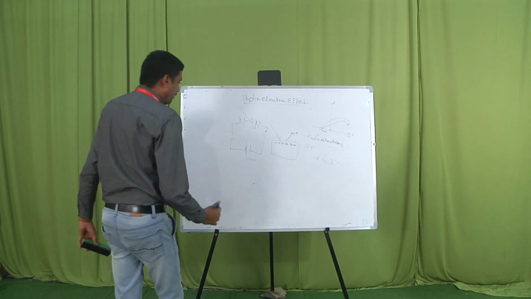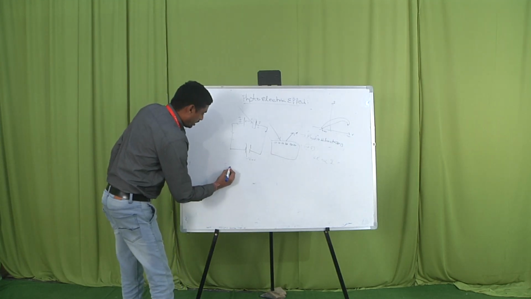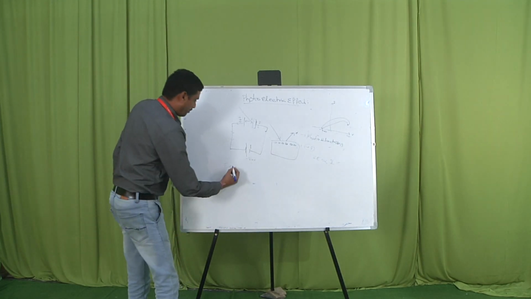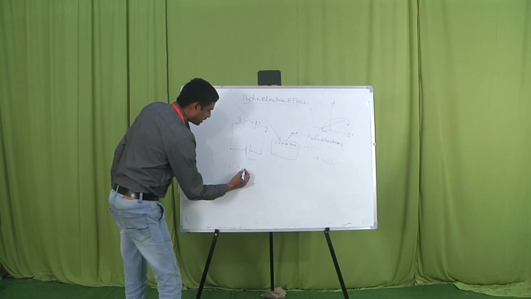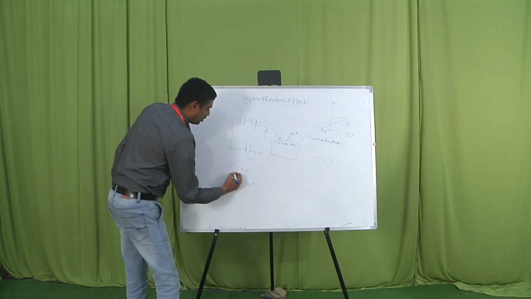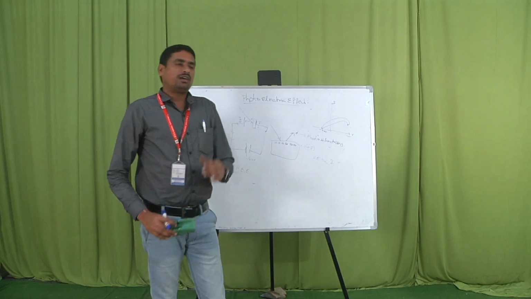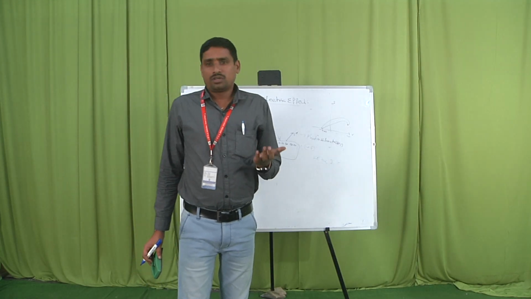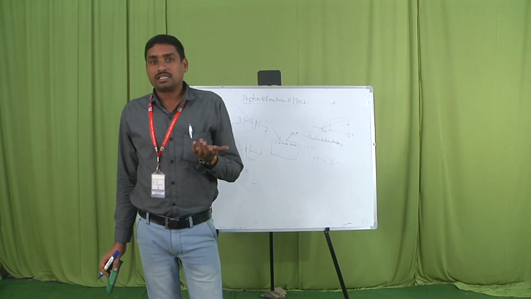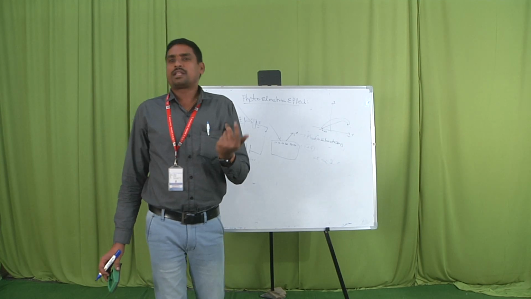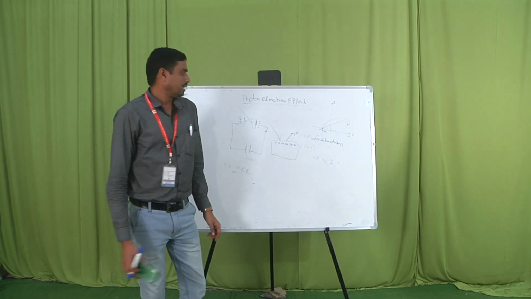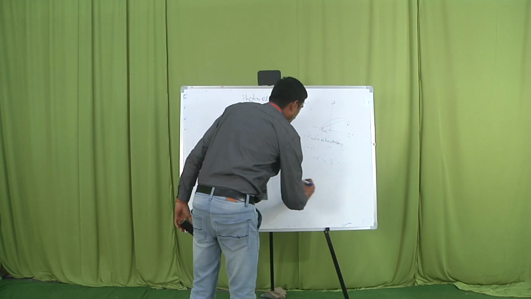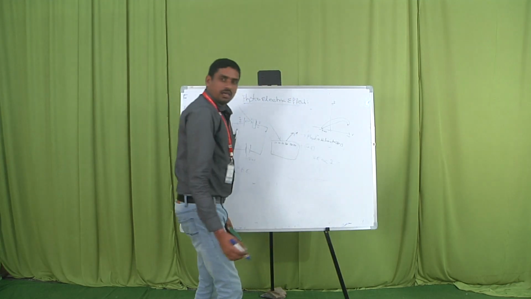Now I am going to give an example of the photoelectric effect. Nowadays we are all seeing solar panels. Solar panels are one of the best examples of the photoelectric effect. In solar panels we use solar energy.